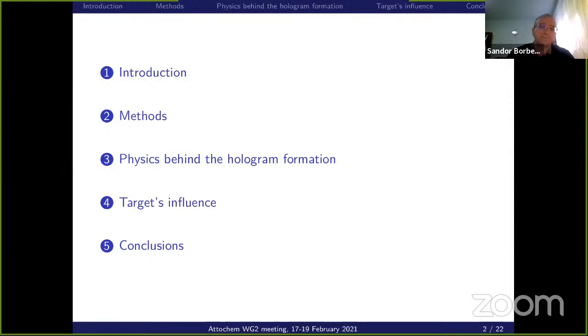After that, I will show you very briefly the methods which we used during our calculations. Then I will talk about the physics behind the photoelectron hologram formation. The last topic will be the influence of the target atoms on the obtained photoelectron hologram.